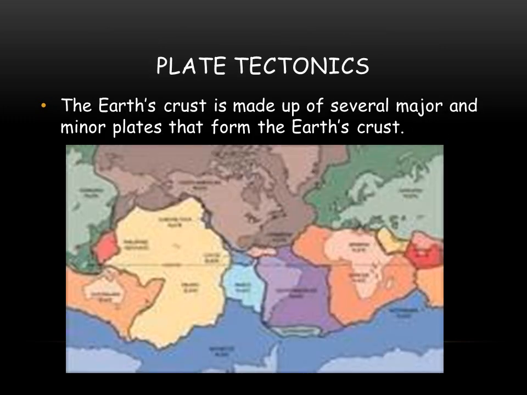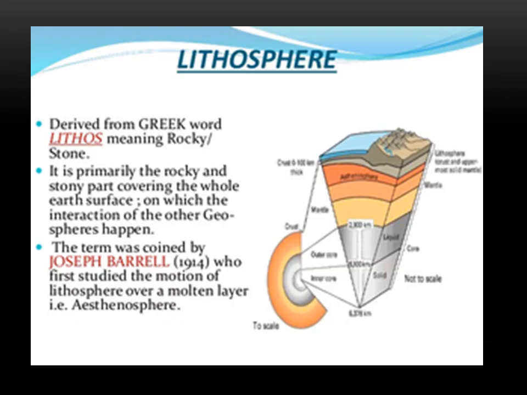So on page number 7, figure 2.2 will give you a better understanding that the Earth's crust is made up of several major and minor plates. The crustal plates and the top part of the mantle make up the lithosphere.